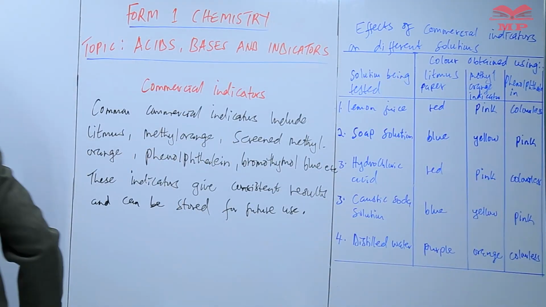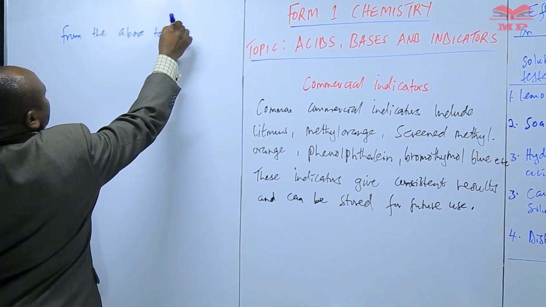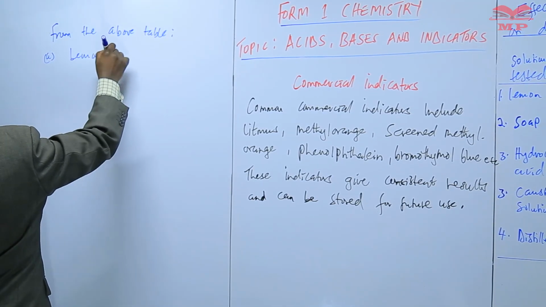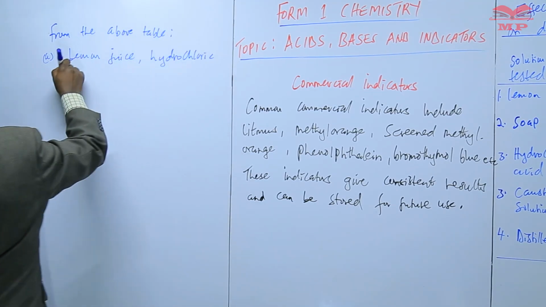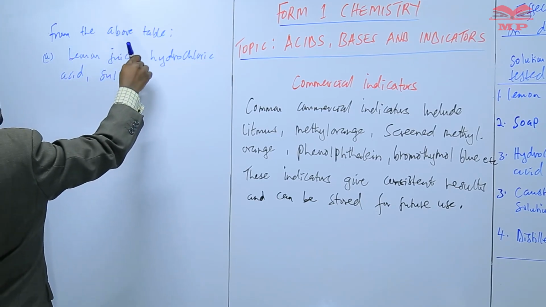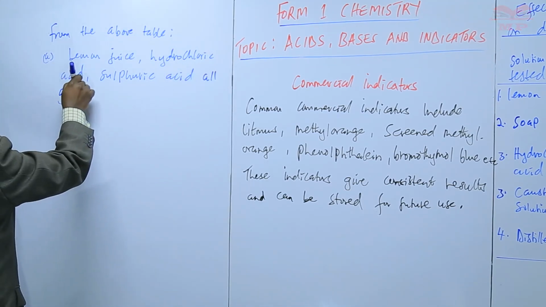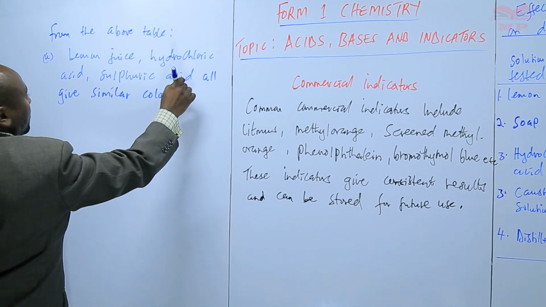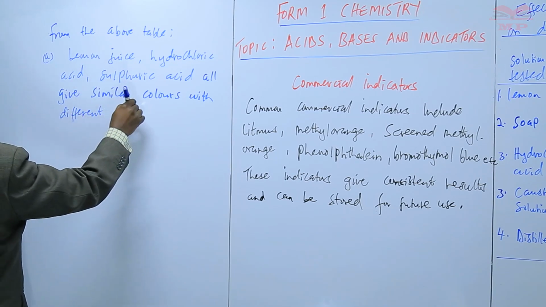But something worth mentioning, from the above table, we can say that lemon juice, hydrochloric acid, and we can still use sulfuric acid, all give similar colors with different indicators.